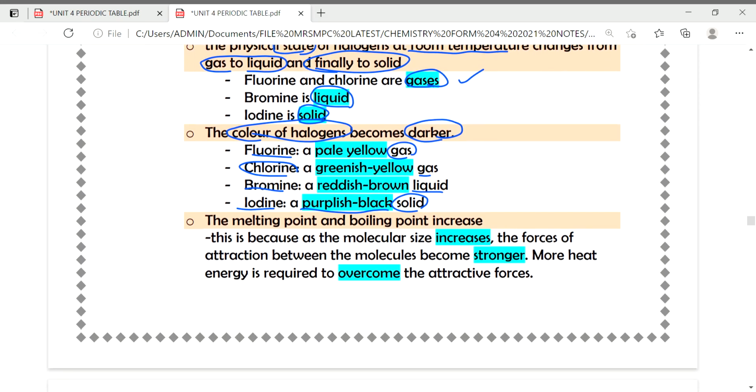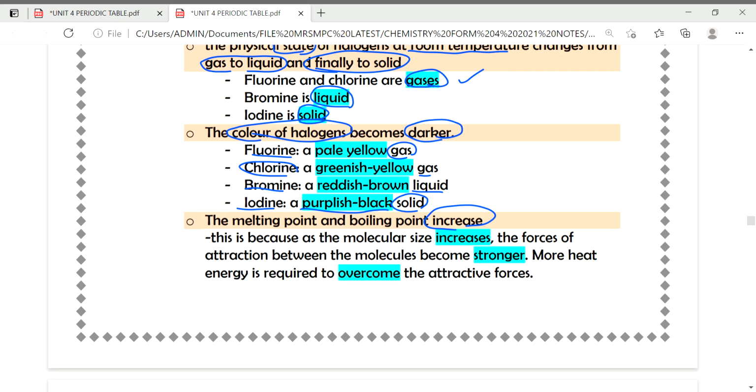Next is the melting and boiling point. What happens when we go down group 17? The melting point and boiling point increase. Melting point and boiling point are related to heat energy. So why do the melting point and boiling point increase?